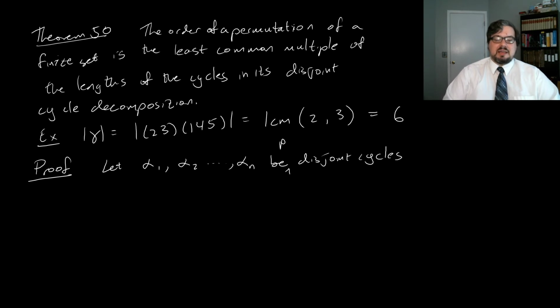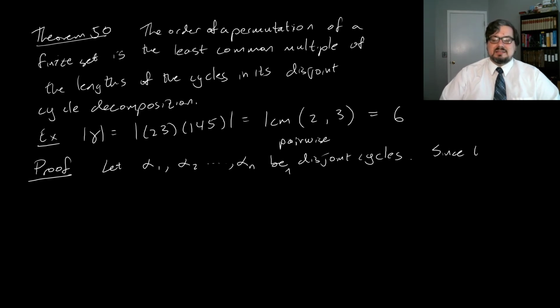Technically, I should say pairwise disjoint, meaning no two of them have any elements in common. This means that alpha 1 through alpha n commute.